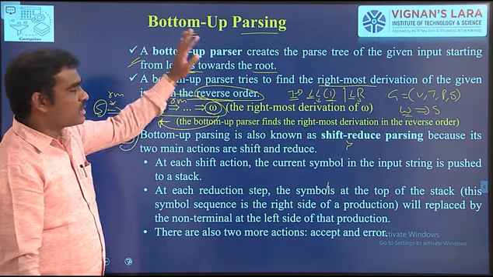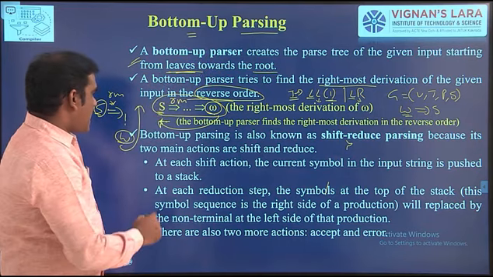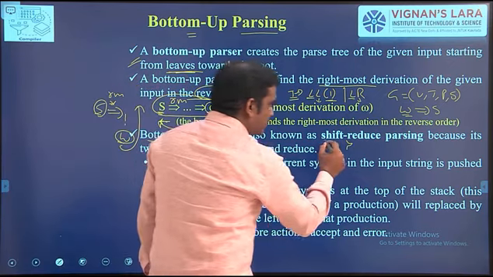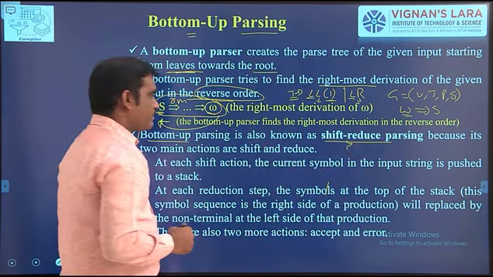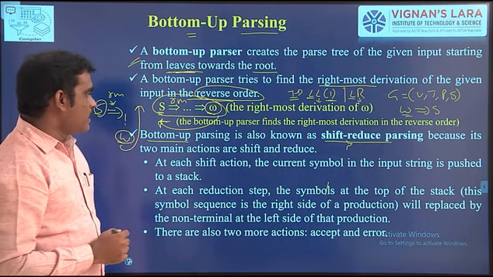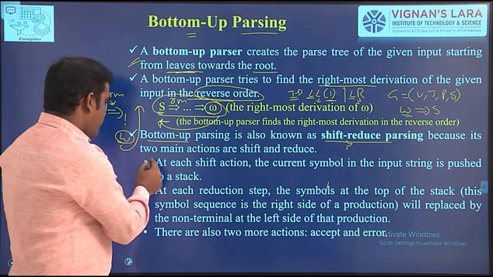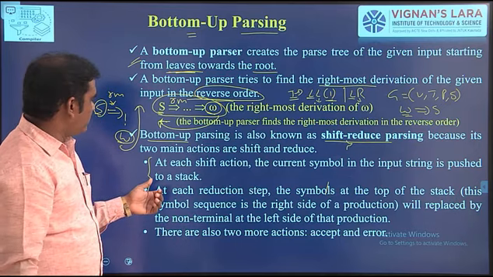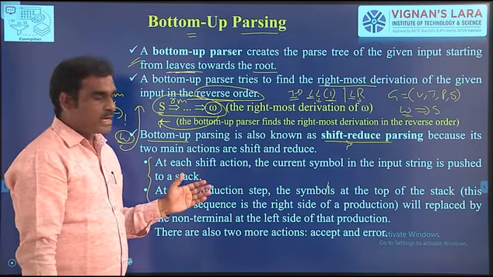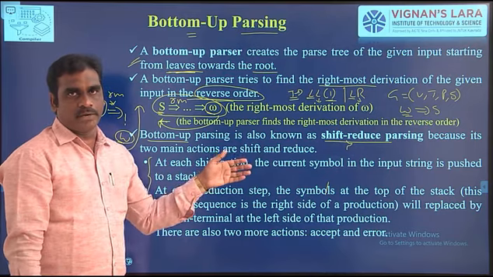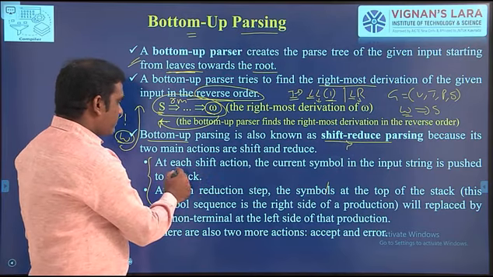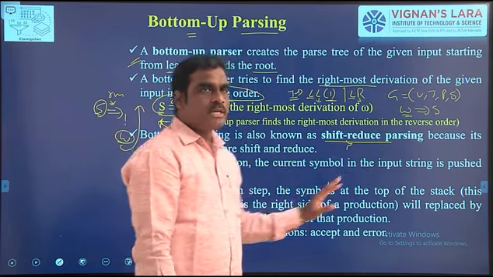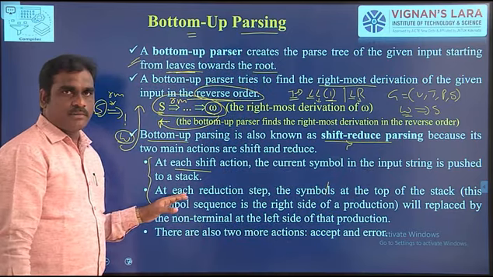We will get the bottom-up parser, which is also known as the shift-reduce parser. Here some actions are there. We will see in the next slide what is meant by shift and what is meant by reduce. The shift action means the current input symbol is moving to the top of the stack.